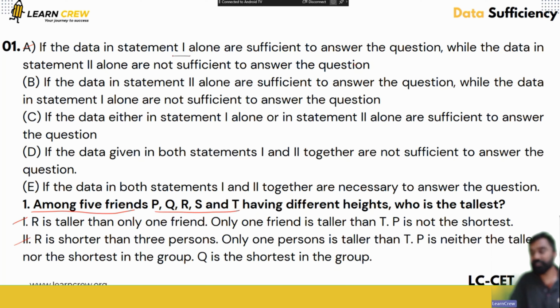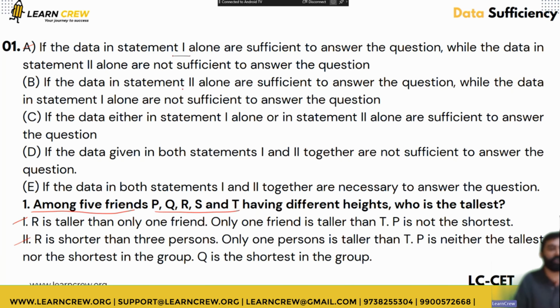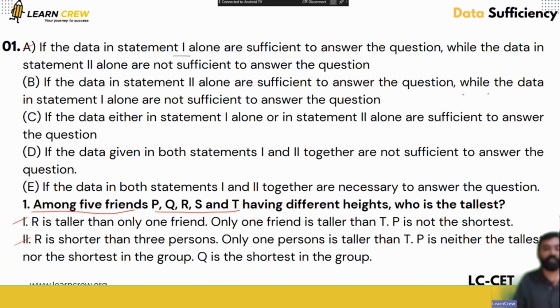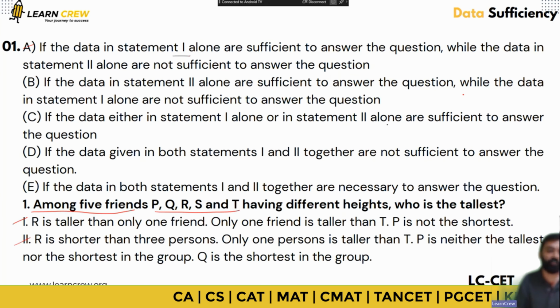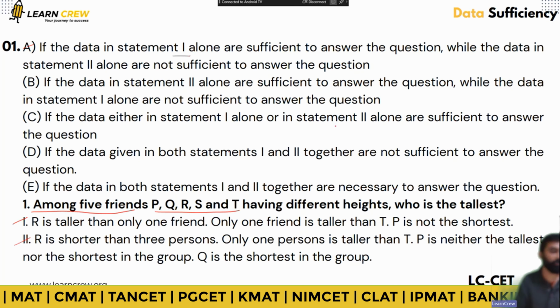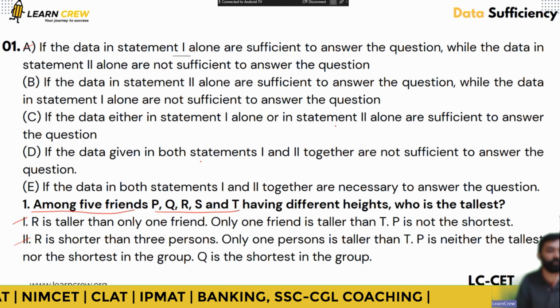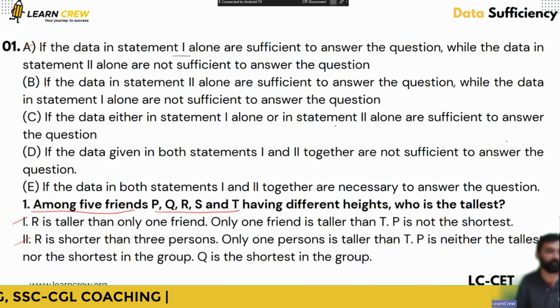B, if the data in statement 2 alone is sufficient to answer the question, while the data in statement 1 alone is not sufficient. C, if the data in either statement 1 alone or statement 2 alone is sufficient to answer the question. D, if the data in both statements is not sufficient. E, if the data in both statements 1 and 2 together are necessary to answer the question.